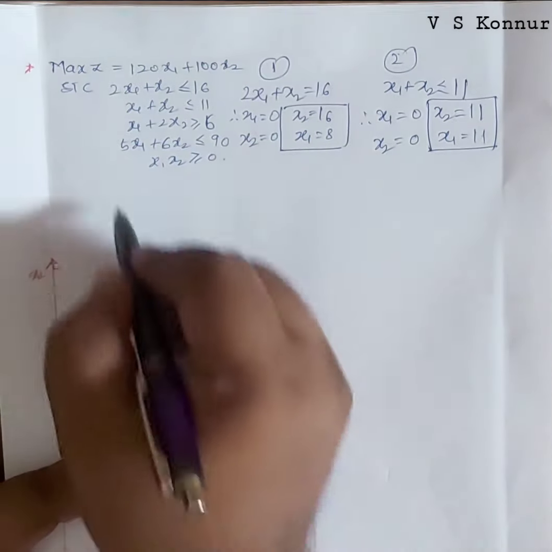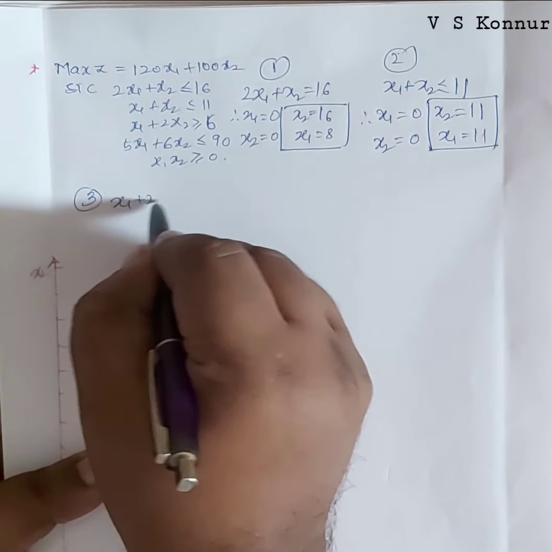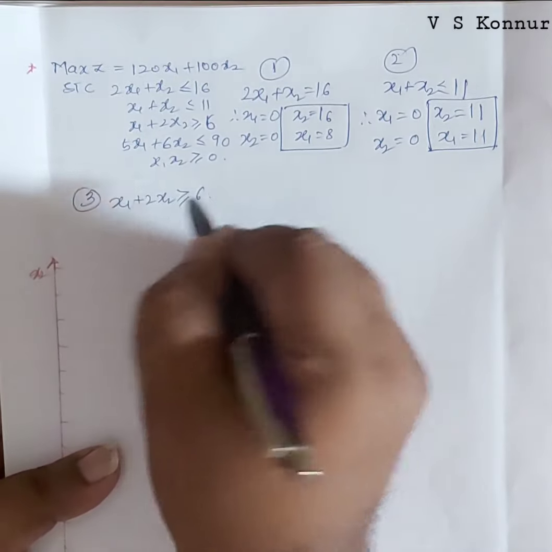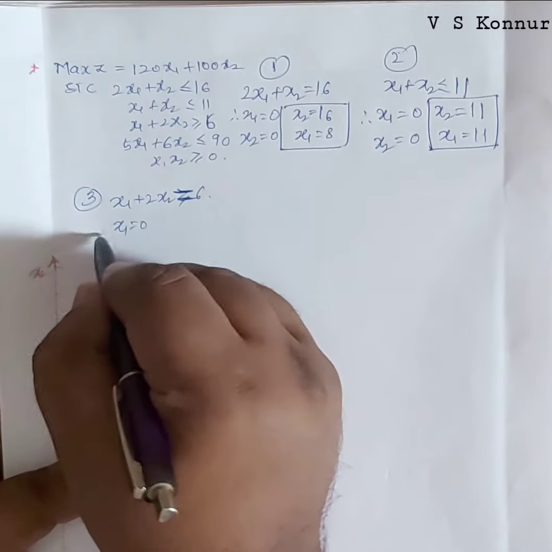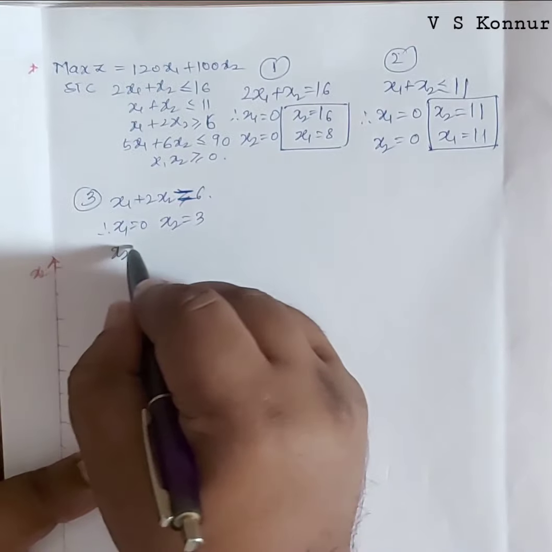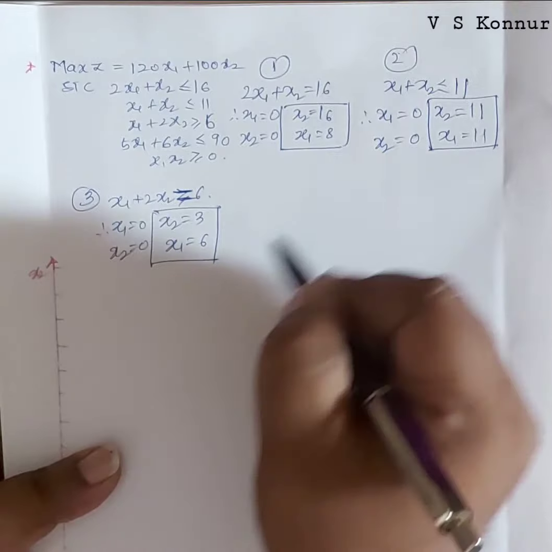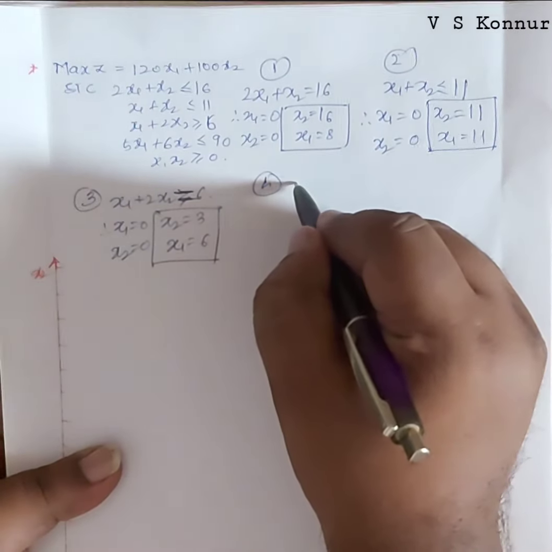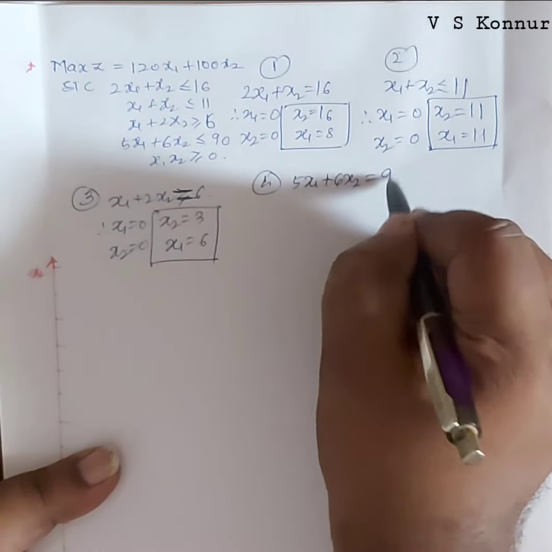Right. Third line. x1 plus 2x2 greater than equal to 6 is there. So we'll equate it to 6. So put x1 equal to 0, x2 equal to 3. Put x2 equal to 0, x1 equal to 6. This is the third line. Fourth line, 5x1 plus 6x2 is equal to 90.